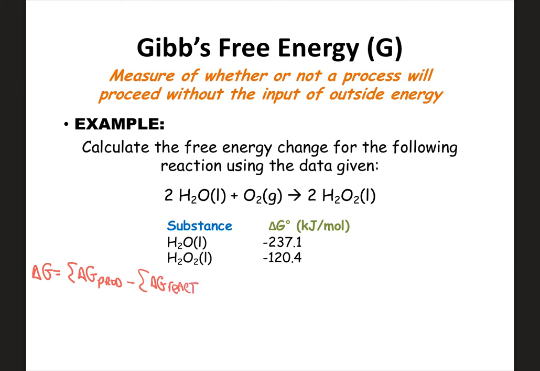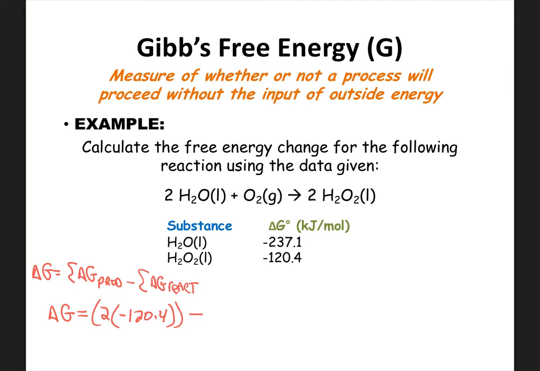So all the products minus all of the reactants. Pay attention to your balanced equation. So we'll start with the products. The H2O2, there are 2 of them, and according to the table, it's negative 120.4. That's my only product.